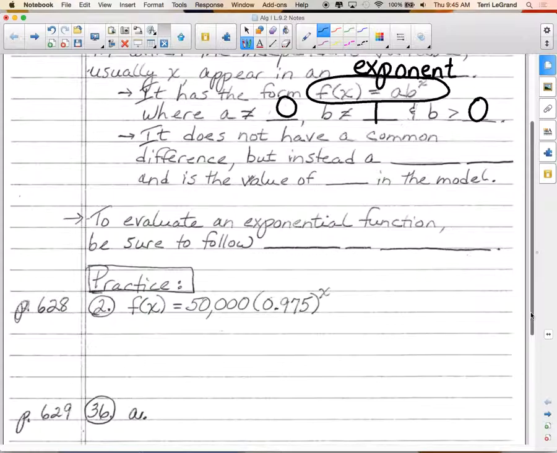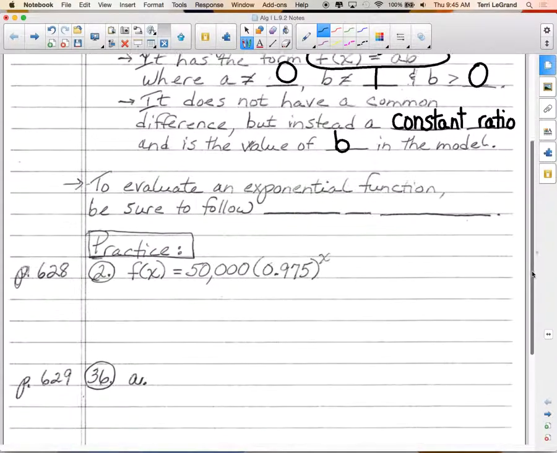So the linear family is the one that has the common difference, but instead this one has, just like our geometric sequences do, a constant ratio. So there's a constant ratio happening between the y values, just like in our geometric sequence we had a constant ratio happening between our terms. And that constant ratio is the value of the b in the model. So the b that is being raised to the x power is that constant ratio.